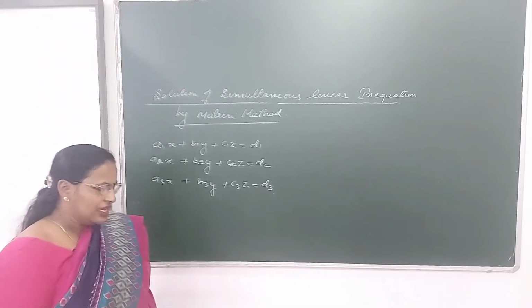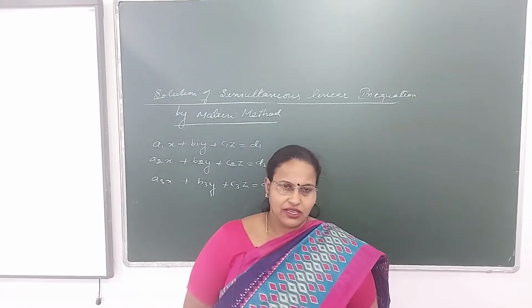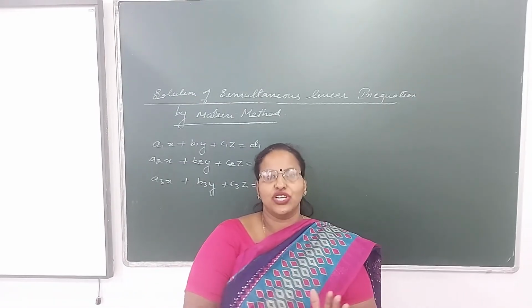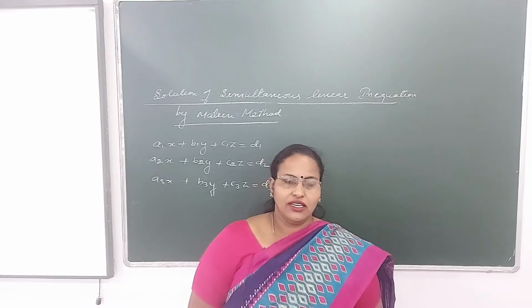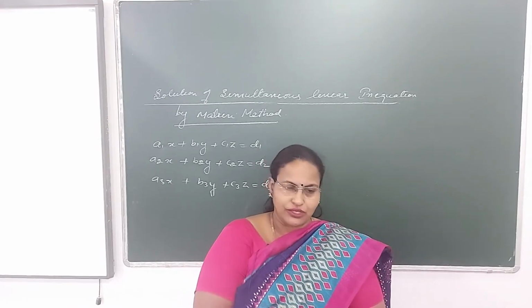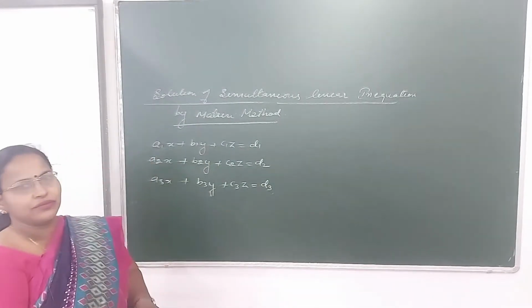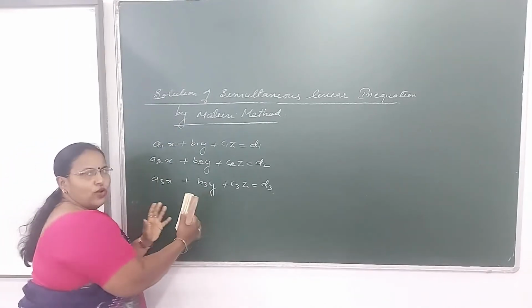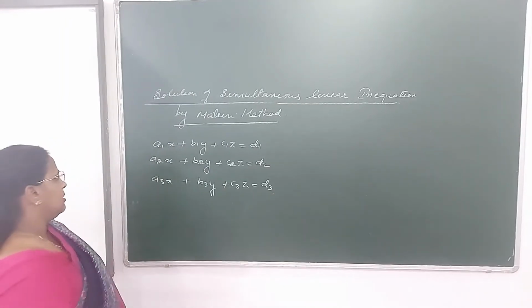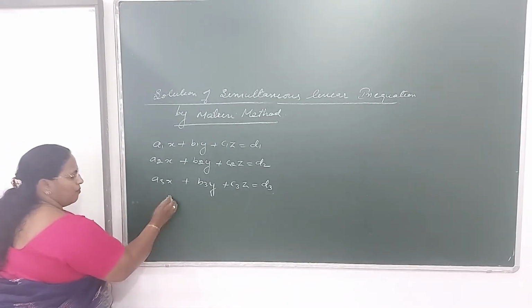A system of linear equations is consistent if it has one or more solutions, and it is inconsistent if there is no solution. Okay. Now see the procedure. Since the method is matrix method, that means definitely we are going to use matrices here. So these 3 equations we can write in this form.